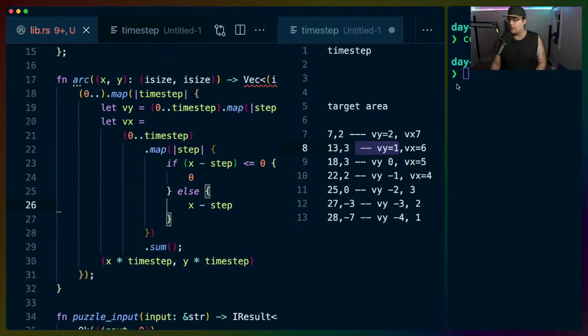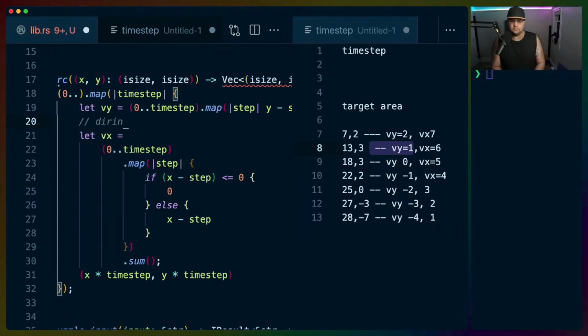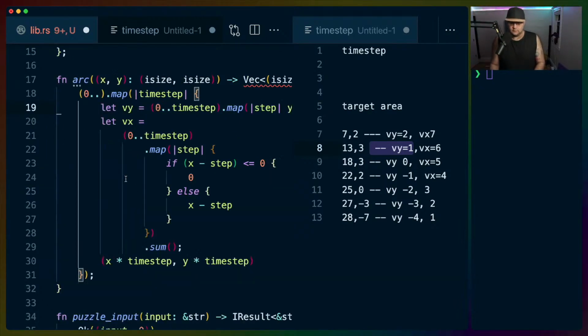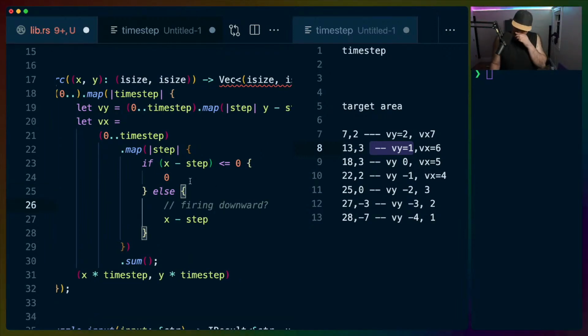Right. And firing downward is probably a thing that we need to handle, but we don't. I feel like we're not going to fire downward ever because we're trying to get the highest height.